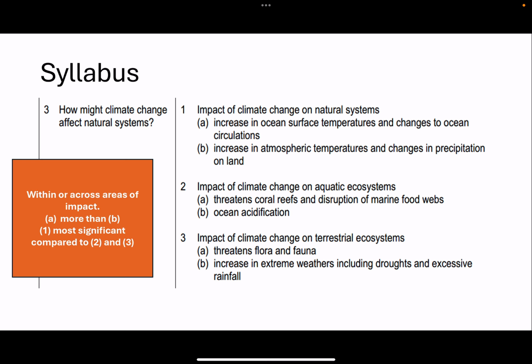If it's across impacts, say natural is more serious than aquatic or terrestrial, you need one factor from each. Okay, if you're lucky, they tell you between increase in ocean surface temperature and increase in atmospheric temperature and changes in precipitation on land, which is more impactful on natural systems, then you have to cover both of them. So it really depends on what they test.